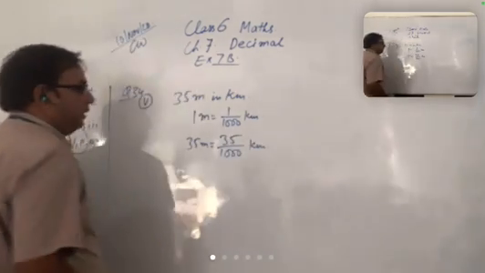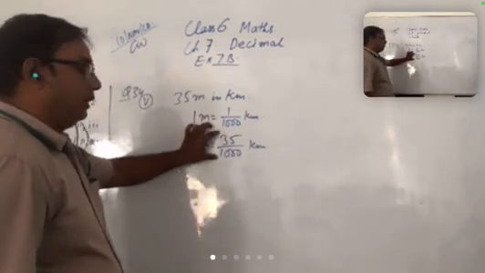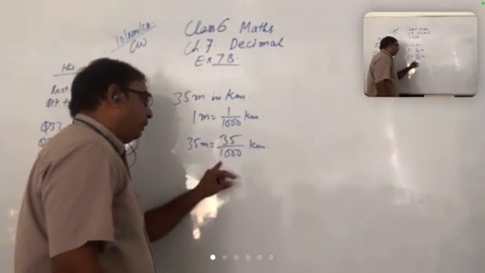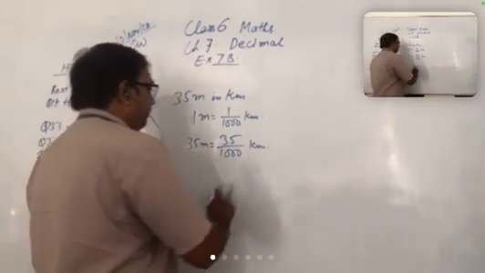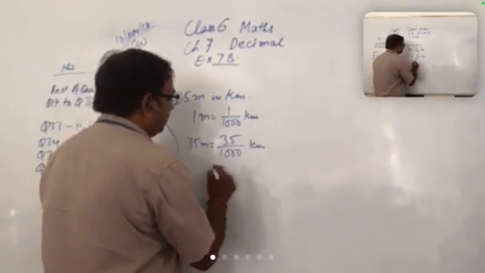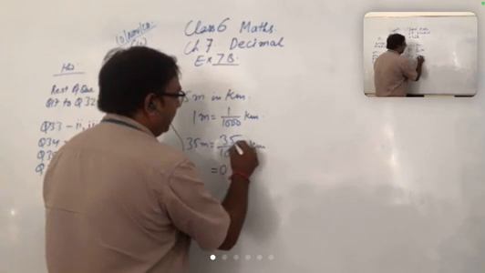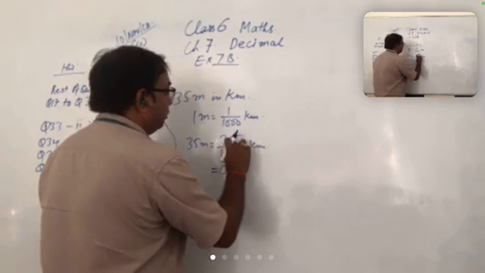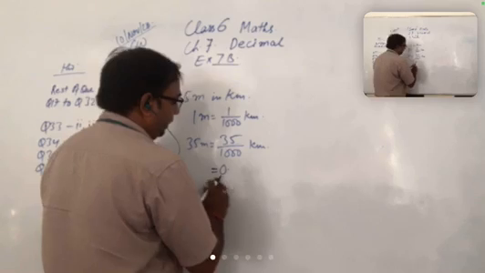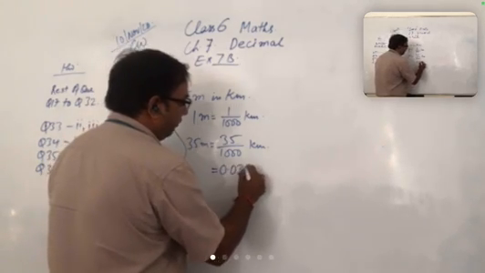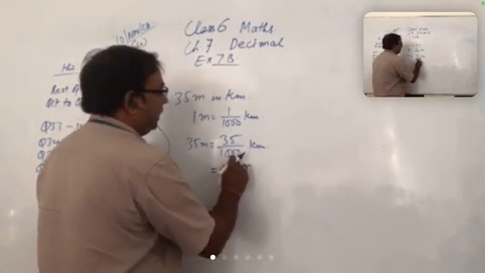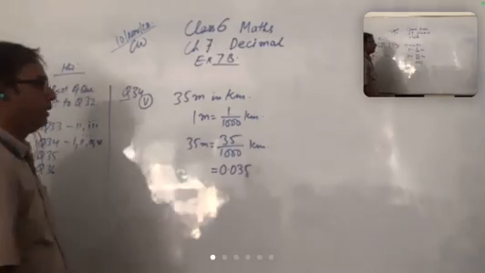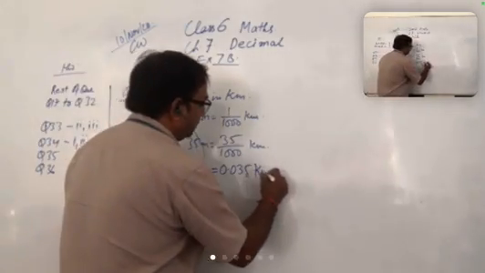Now this decimal fraction is what? 35 upon 1000. So we can make the last digit at the thousandth place. How do we make it? 0.035. Now the 5 is at the thousandth place, and this is the answer for this question.